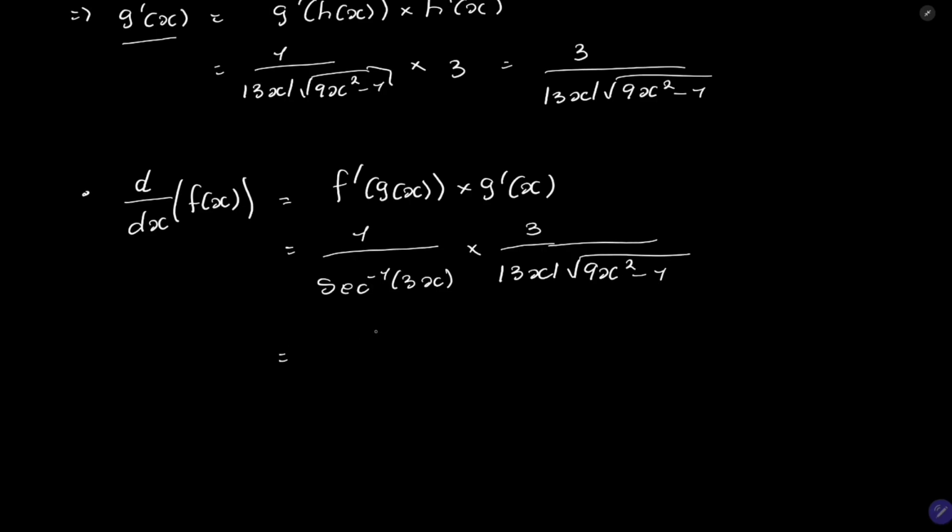Simplifying this to make it look better, we have 1 on the absolute value of x times the square root of 9x squared minus 1 times sec inverse of 3x.